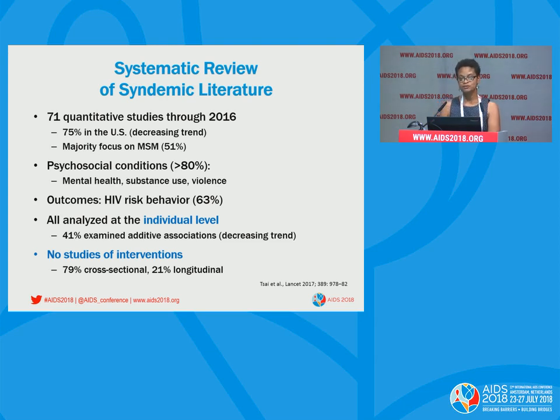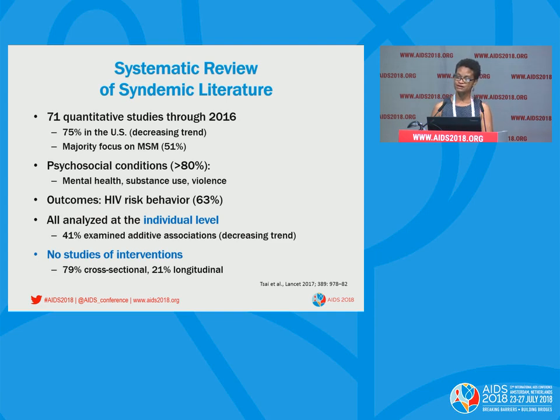And the outcomes were not HIV or STIs or other clinical diseases, but HIV risk behavior in 63% of the studies. And all of these studies analyzed the data at the individual level. None of them had multi-level or systemic or social level analysis. 41% of the studies examined additive associations.